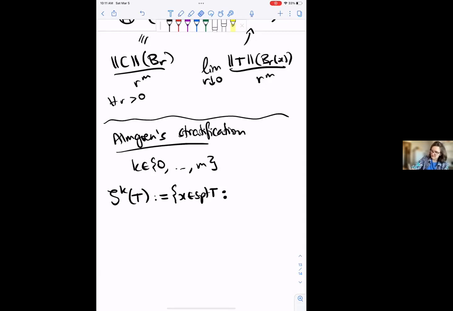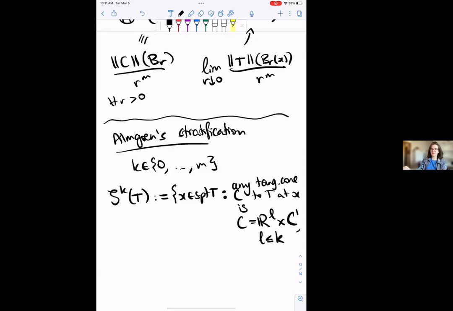So any tangent cone C to T at x is of the form, up to rotation of course, R^L cross some C prime, where L is no bigger than k.